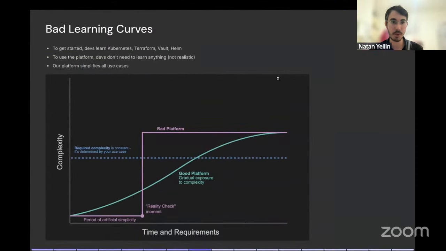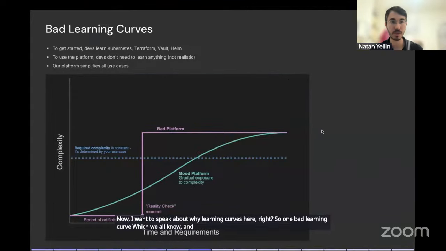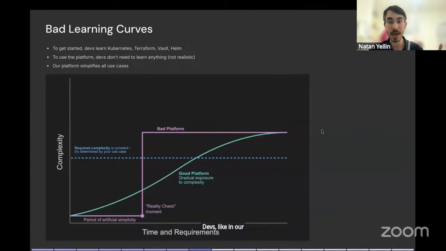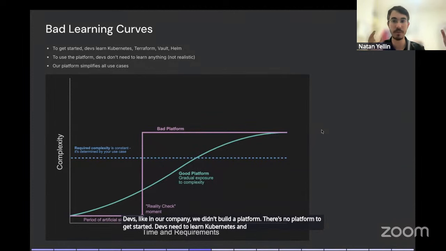Now, I want to speak about what are bad learning curves here, right? So one bad learning curve, which we all know, and that's why we want to build platforms, is you say, okay, to get started, devs, like in our company, we didn't build a platform. There's no platform. To get started, devs need to learn Kubernetes and Terraform and Vault and Helm and all the other technology we use in our organization.